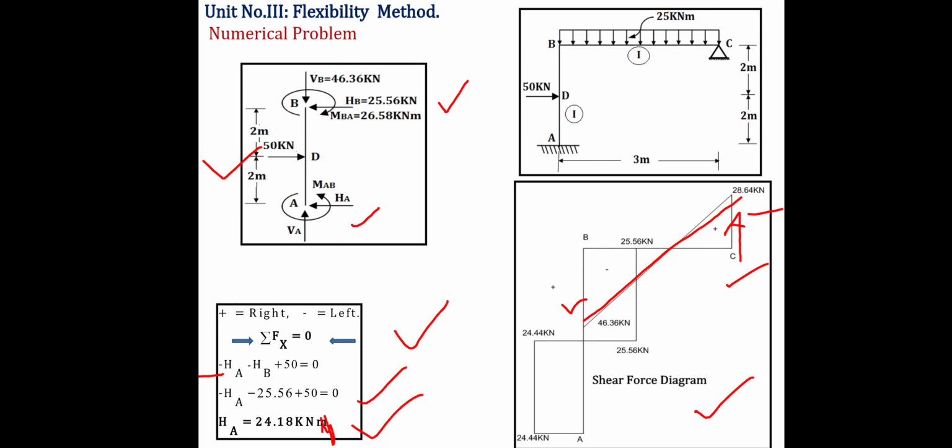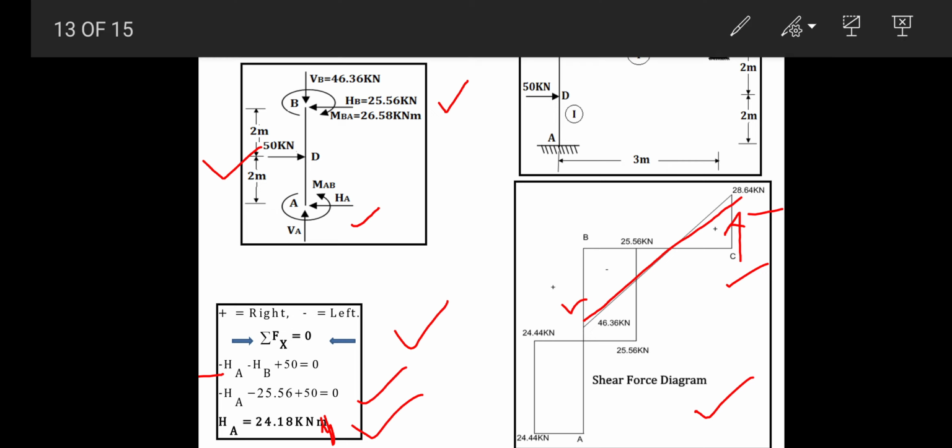Then the next is at A, there is a reaction of 24.18 kilonewton.